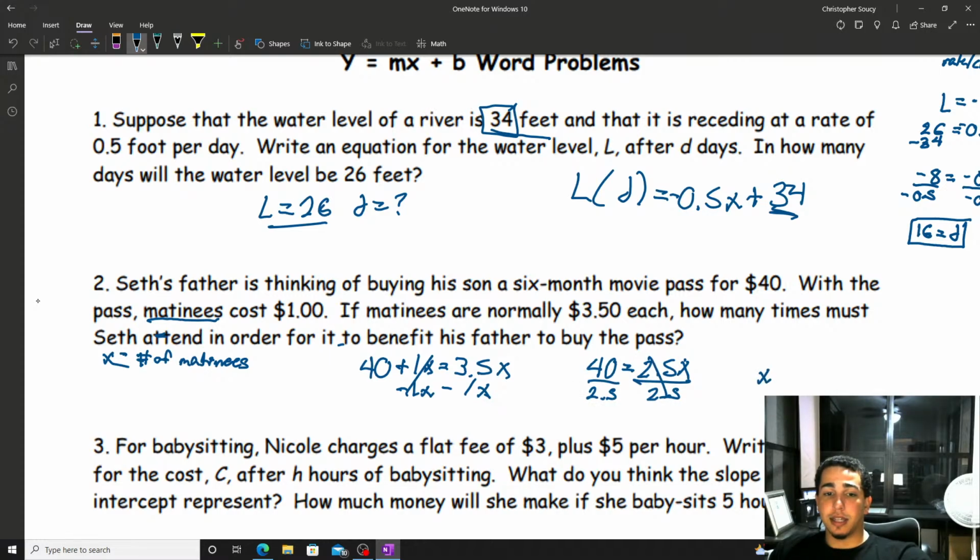And we'll get that x equals 40 over 2.5, which is 16. So after 16 matinees, both the movie pass and not having the movie pass will be the same amount. So he has to buy more than 16 in order for the 6-month pass to be worth it.